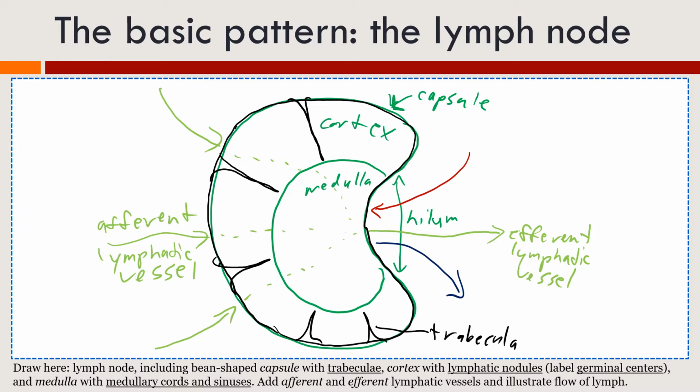Inside these cortical areas divided by trabecula, you will find clusters of cells in a sort of circular shape called a lymphoid nodule.